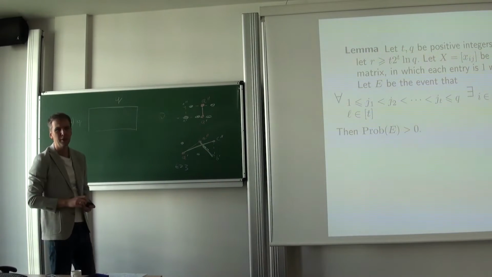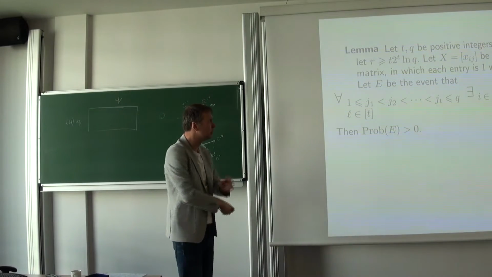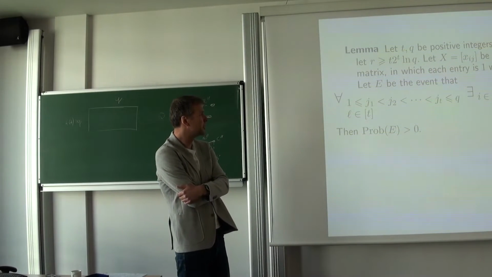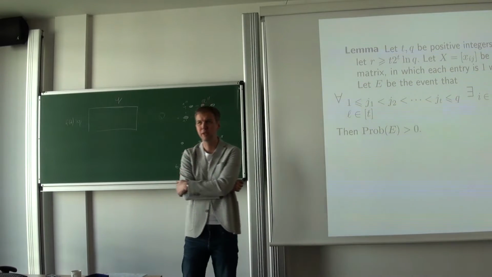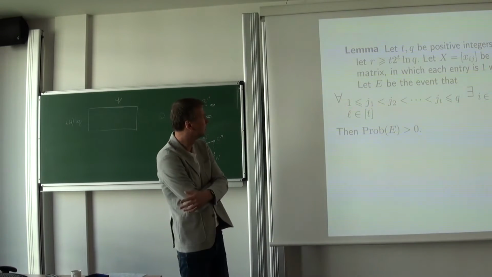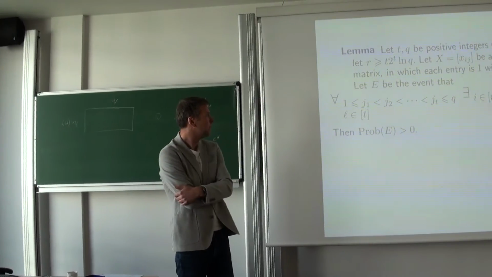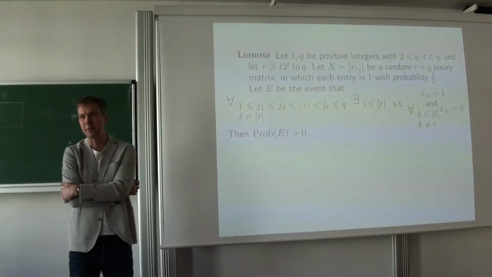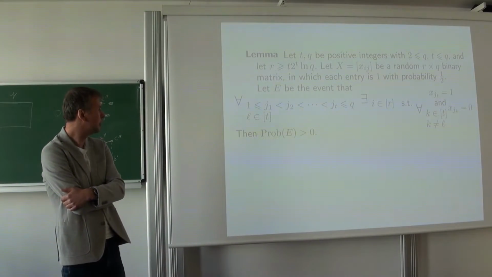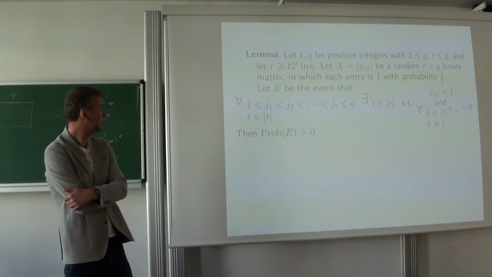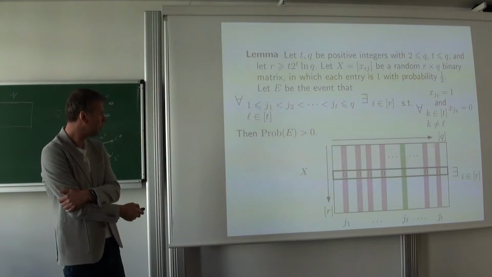Okay. So I will claim that something good happens. This matrix I want to take random. So I flip a coin in every entry. It's 1 or 0, 1/2 each. And then I claim that something good happens. That is, the probability of a certain event is positive. What is the event?